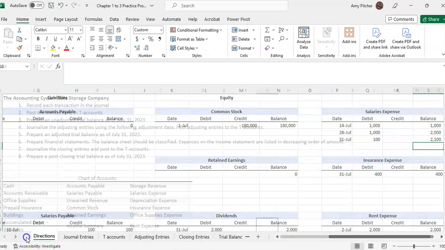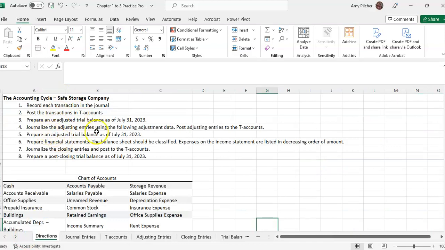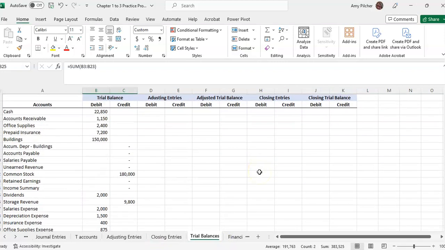Okay. So if we go back to our directions, now that we've done the adjusting entries and posted them to the T accounts, we can prepare an adjusted trial balance. So I'm going to show you how to do that using the worksheet. So with an adjusted trial balance, we're going to put our entries in here. So the changes that we made to an account, and we want that to be 0.